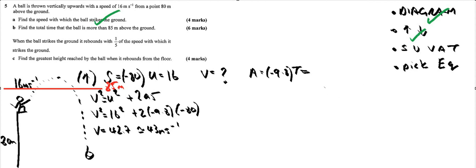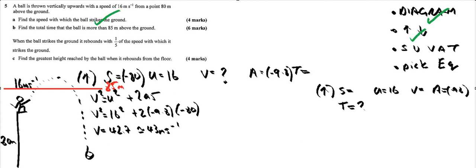I'm still going to resolve vertically. I still have the same U. Okay, I'm not worried about V at the moment. A is still minus 9.8 because I'm resolving vertically. T now is the thing that I want.